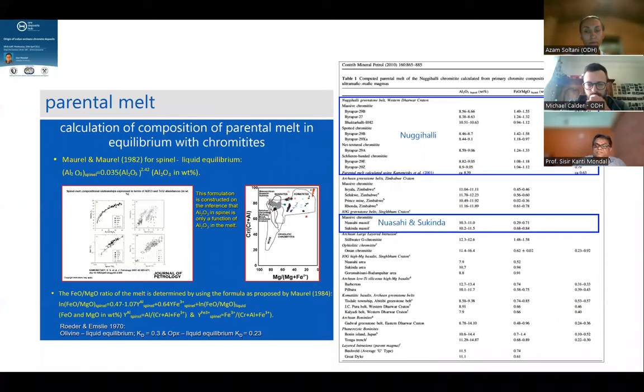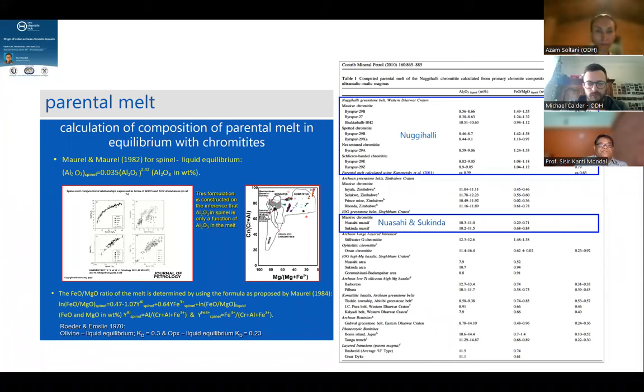At the same time, those are extensively altered and recrystallized as well. So the primary composition of chromite can be taken from the massive chromitite unit, because those chromites are less altered, and they should preserve their original crystallization compositions and liquidus compositions.